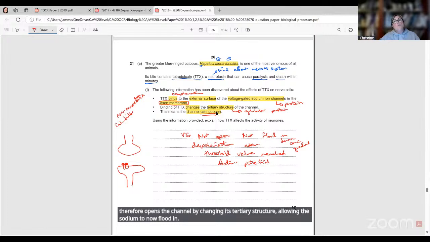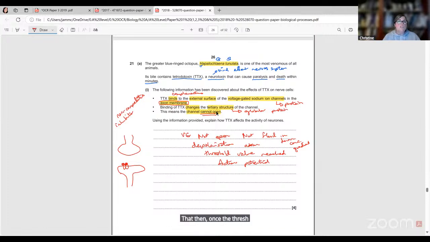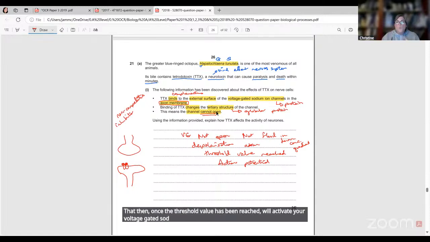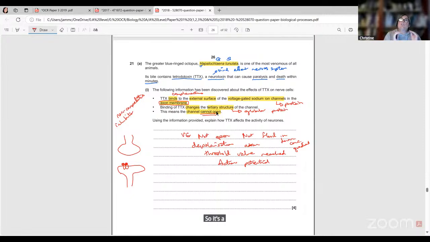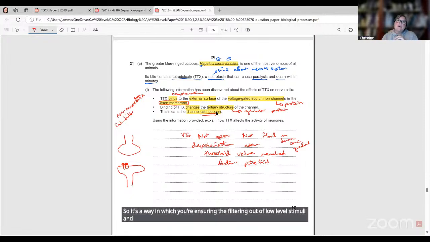That then, once the threshold value has been reached, will activate your voltage-gated sodium channels to open more influx. So it's a way in which you're ensuring the filtering out of low-level stimuli, and also that they've been adapted to be specific for the role that they have to play.